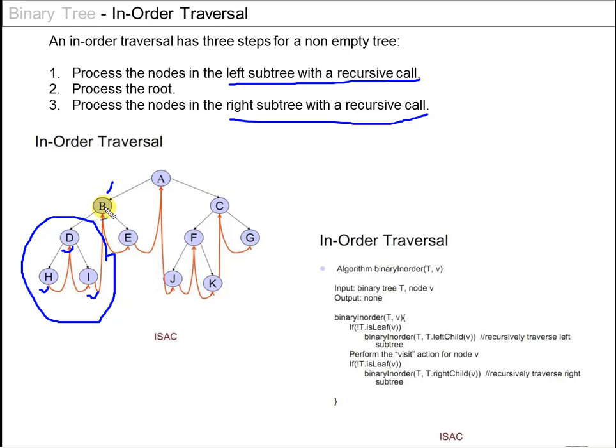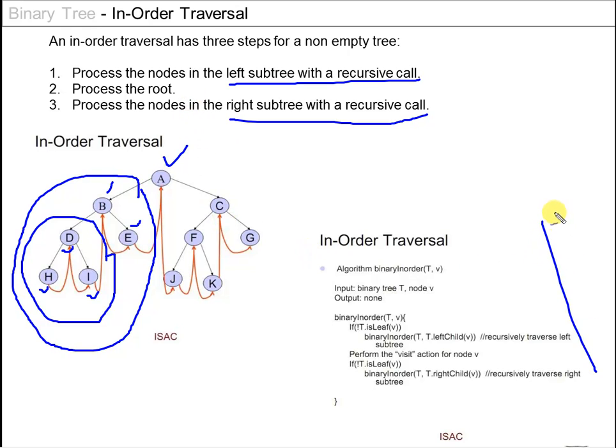And once this one is done and the left subtree is done, then you will process this one. And once this whole subtree is done, you will process this one. Okay? So that is the sequence it goes, and once it has done this one, then you will come to this subtree, and you will do recursively the same concept for the in-order traversal.